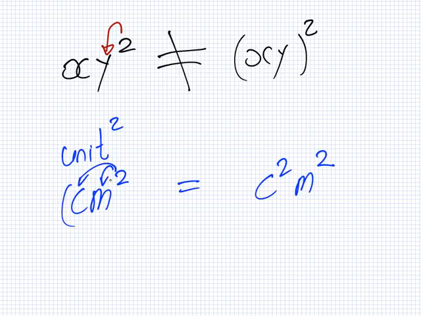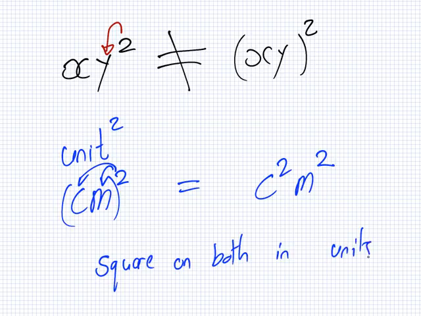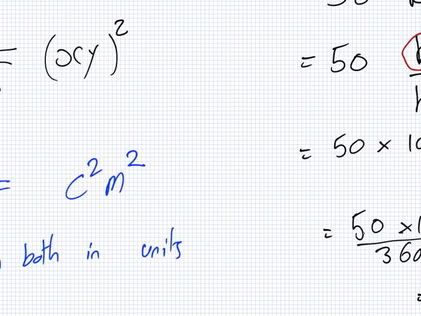We don't write the brackets on the units, okay? So that's the first thing you need to know, that the square is on both. So square on both in units. Okay, so now that you know that, it'll make the question a little bit easier to do.